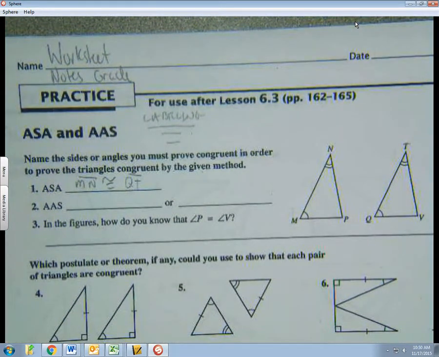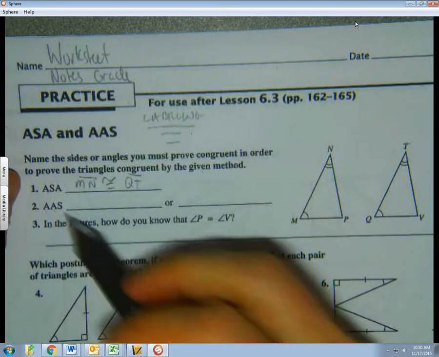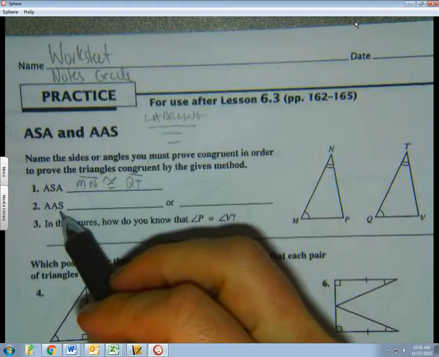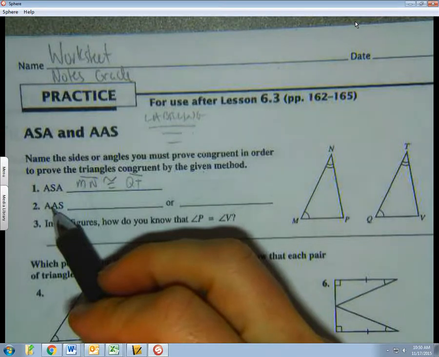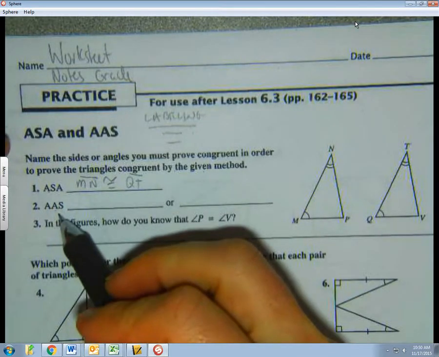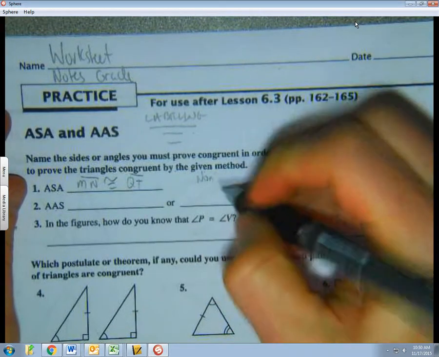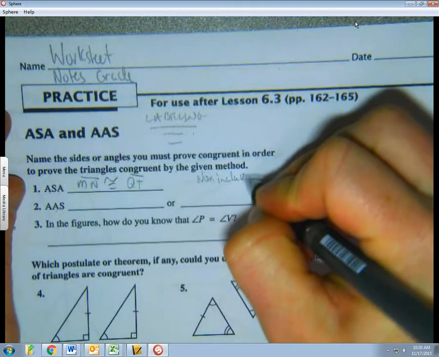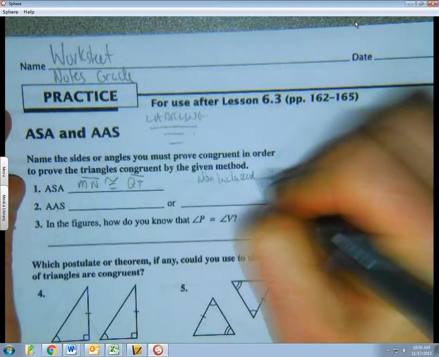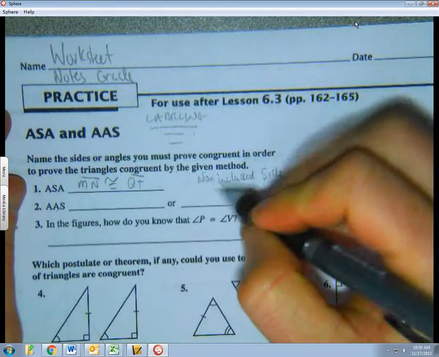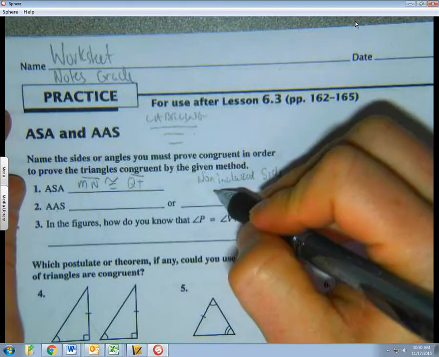And do this one. Angle, angle, side. So you notice here the side is not in between the angles. It's called a non-included side. A not between.